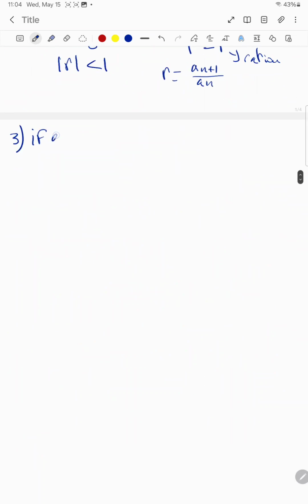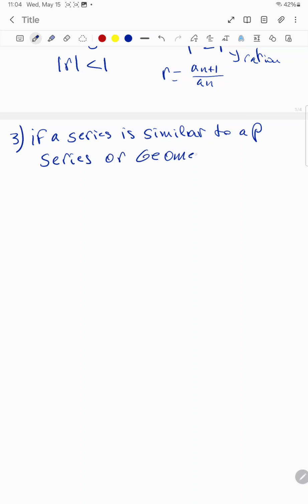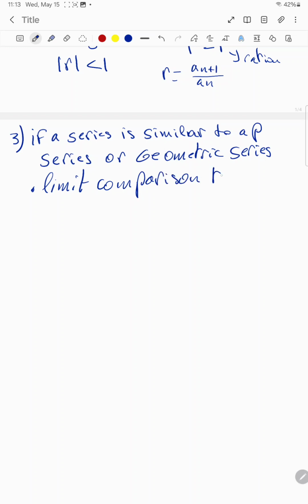In the third, if a series is similar to a P series or geometric series, in that case we do the limit comparison test or the comparison test. So what are those tests? Limit comparison test or the comparison test.